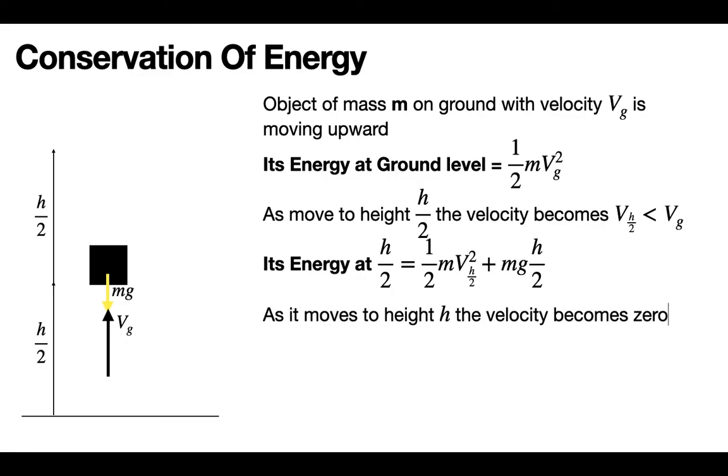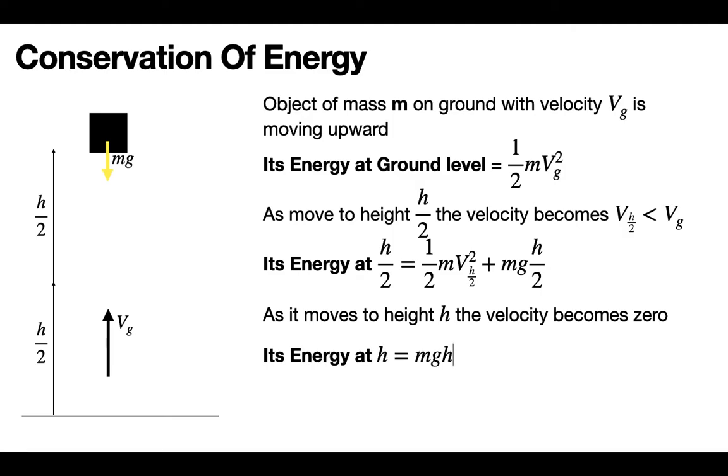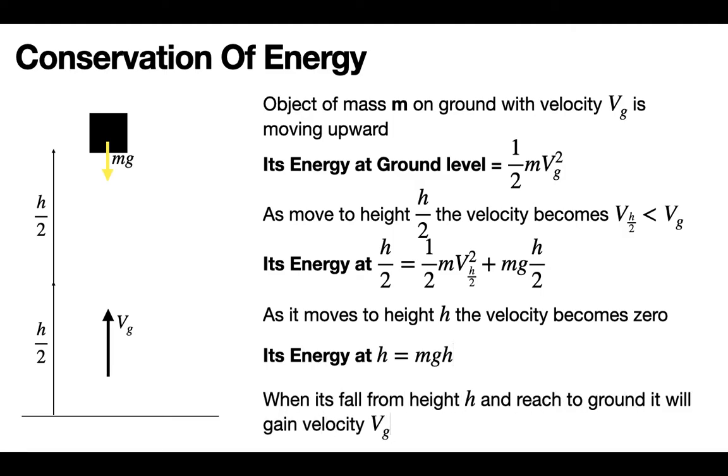As it moves to height h, the velocity becomes 0, and its energy at h is equal to mgh. And when it falls from height h and reaches the ground, it will gain velocity Vg. In the entire scenario, we did not consider any frictional forces or wind forces or any other forces.